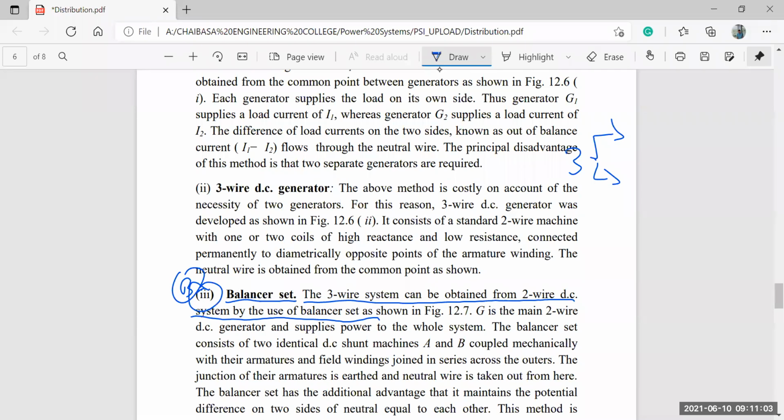Like how it will be, your two-wire would be there, right? In the two-wire, one generator set would be there from here. Let's do it in this format, and I will draw using this base. Just a minute.